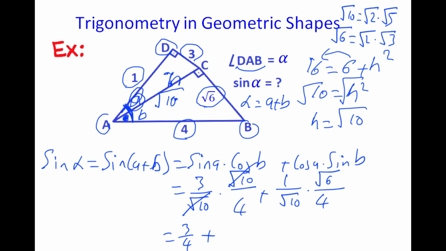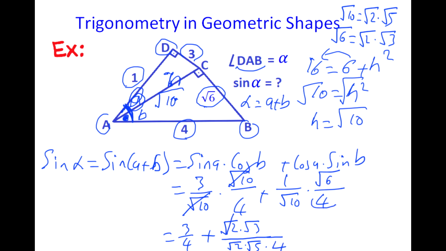So 1 times square root of 6 is square root of 2 times square root of 3, right? Divided by square root of 10, as I wrote it at the top right, it's square root of 2 times square root of 5, times, we also have 4 here, guys. So I put here 4.